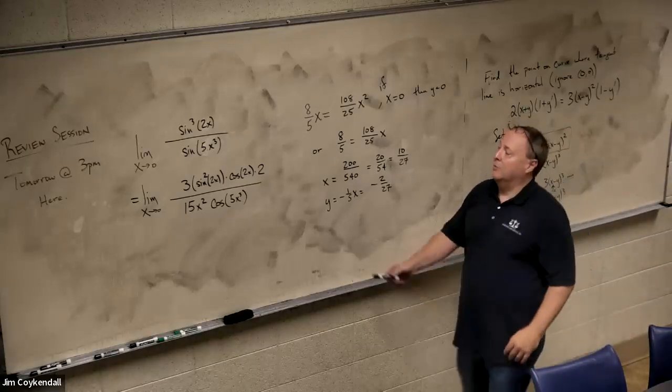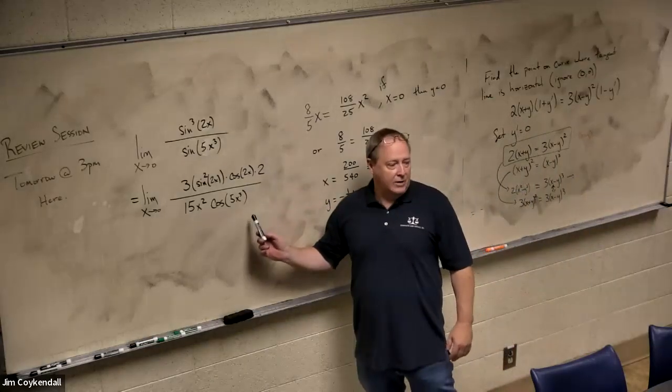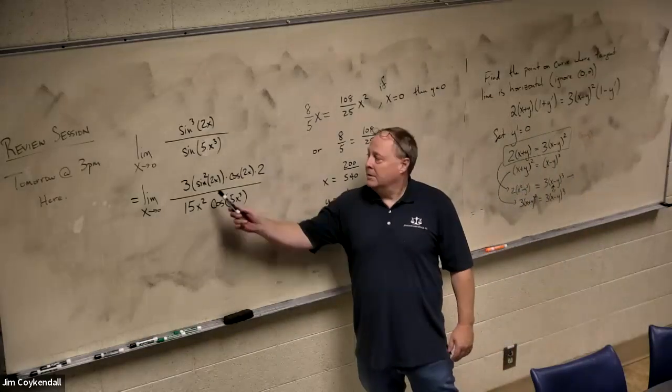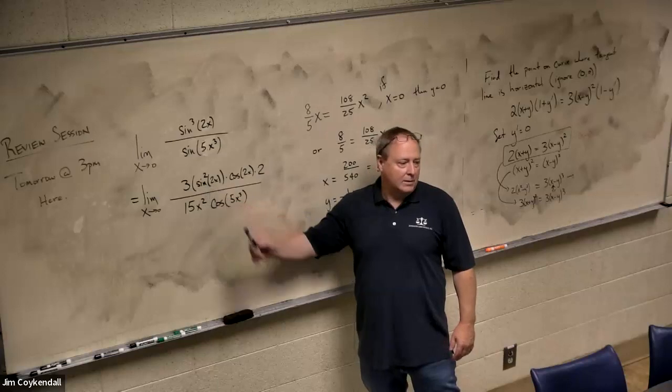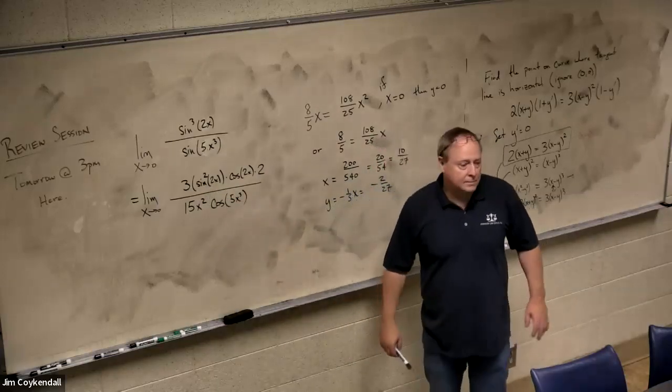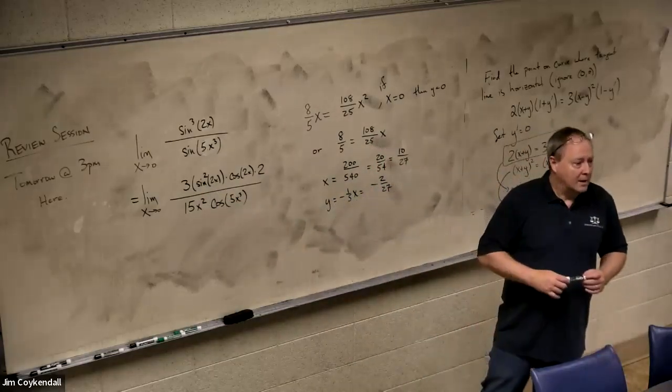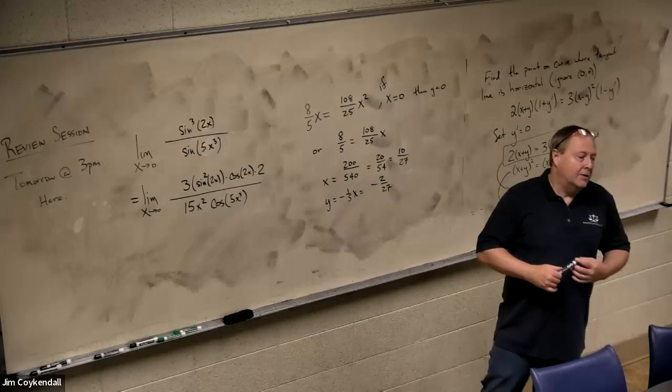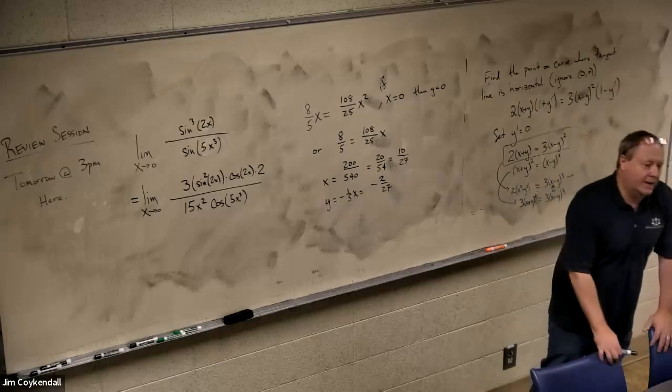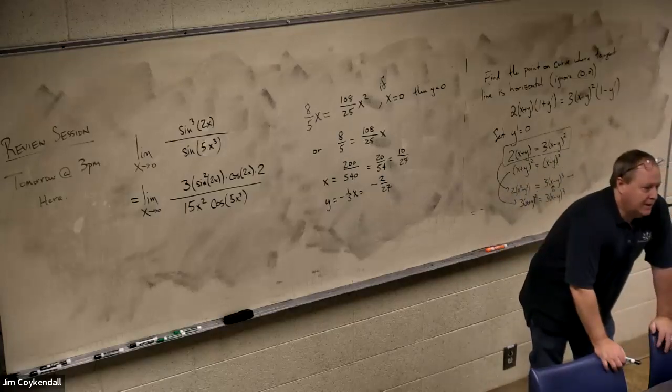If you got 6 over 0, that would mean this thing is done, but you don't. It's 0 over 0 again.